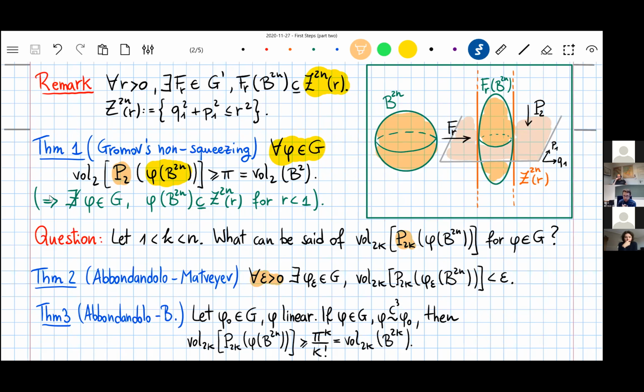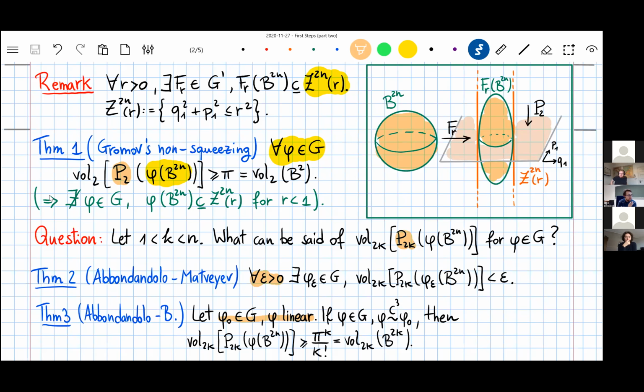If you take your favorite linear symplectomorphism phi_0, and your phi is close to phi_0, the volume of the shadow will always be bigger or equal than the volume of the ball of the corresponding dimension. So there is some kind of non-squeezing close to linear maps.